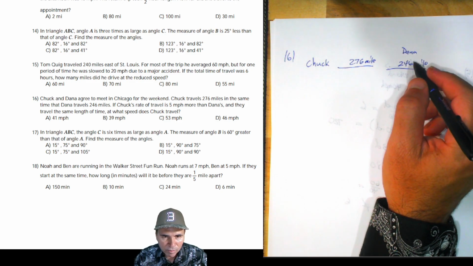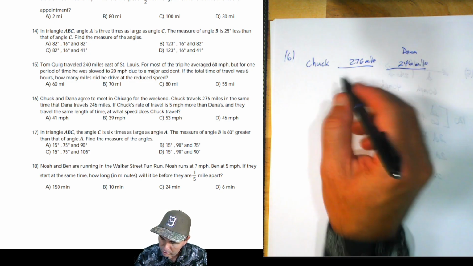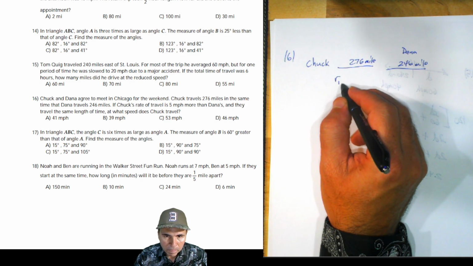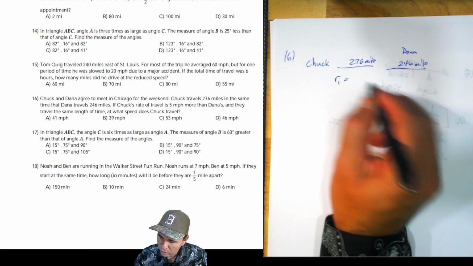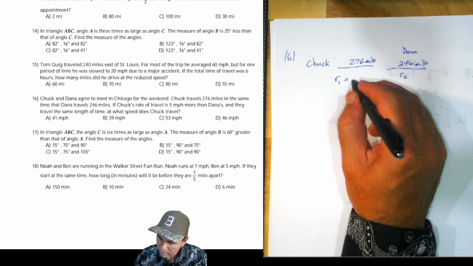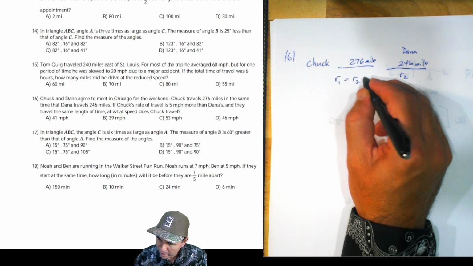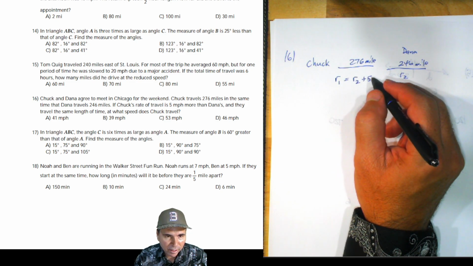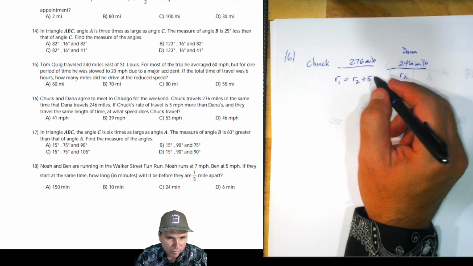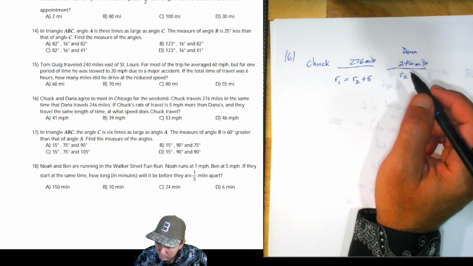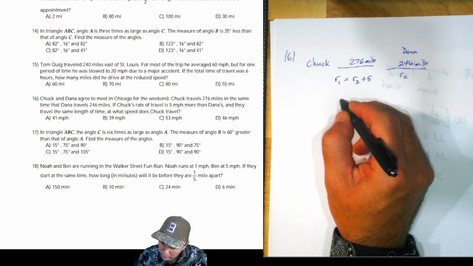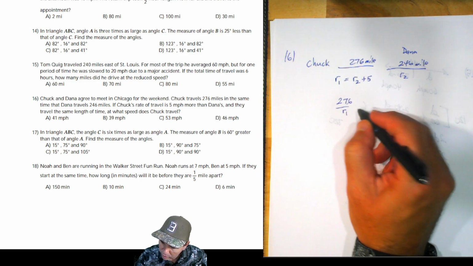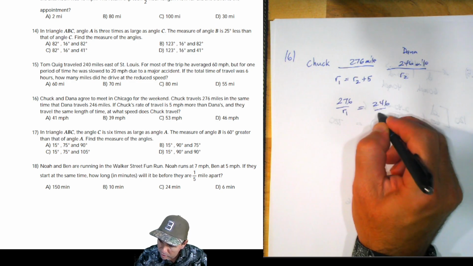If Chuck's rate of travel is 5 more than Dana's, so whatever speed this is, if it's equal to the second rate plus 5, then they travel the same length of time. So what that means is 276 divided by R1 has to equal 246 divided by R2.